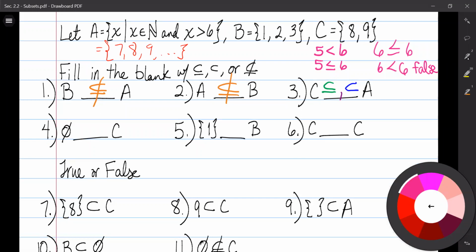All right, number 4, we're figuring out, is the empty set a subset? So yes, the empty set is always a subset of every other set. And it's not equal, so it's also a proper subset.